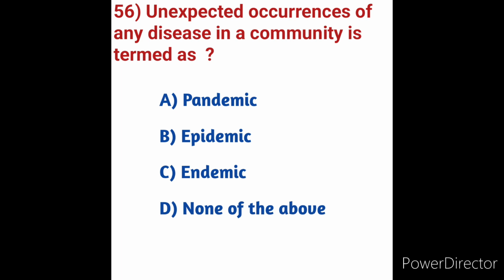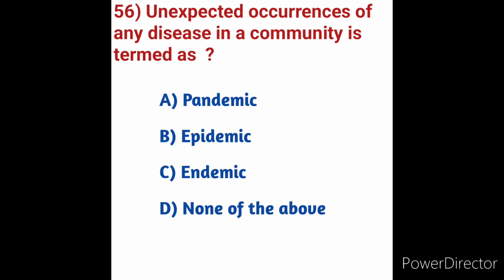First, option A, pandemic. What is meant by pandemic? A pandemic is the worldwide spread of a new disease, such as a new influenza virus, or for example, the coronavirus condition caused by COVID-19. This is an example for the pandemic. Next we will see option B, epidemic.